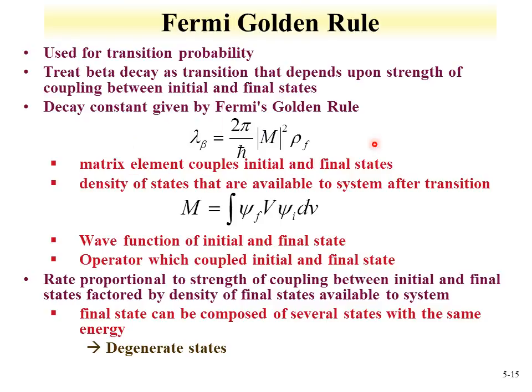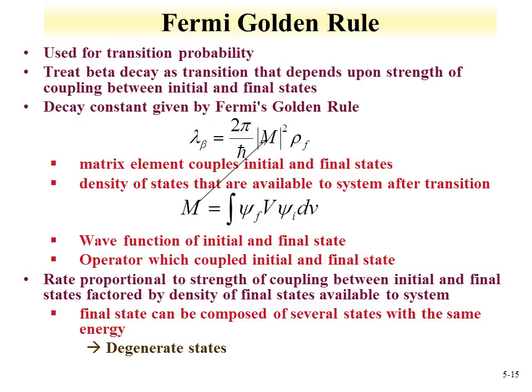From Fermi's golden rule, we have this equation where the decay constant is equal to 2 pi divided by h bar, this matrix element, and a density of states that are available to the system after transition. The higher the density of states, the more states available, the higher the probability of this transition.